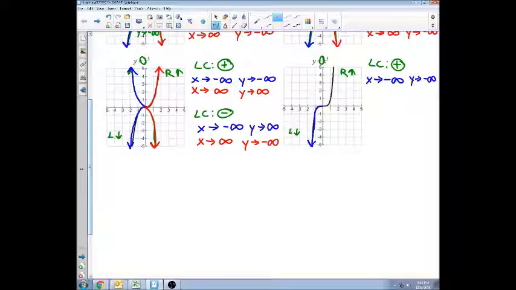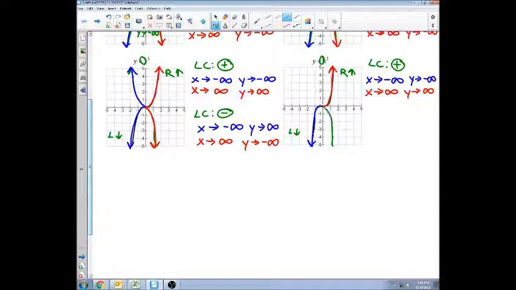How about moving to the right? The red portion of the graph. As x approaches positive infinity, moving to the right, what did my y do? It went up, so that approaches positive infinity as well. Okay? Now, we need to look at the reverse of that.